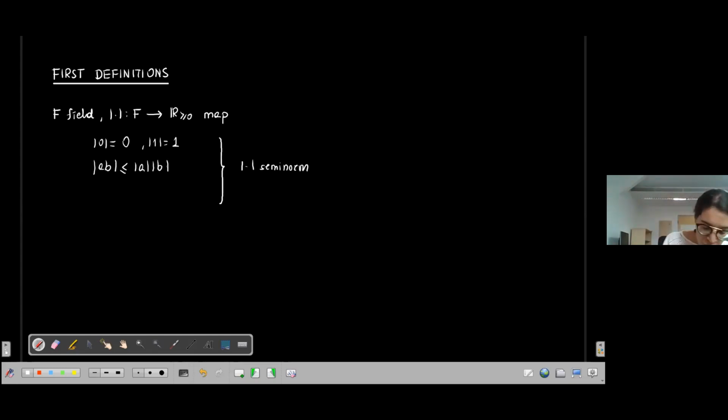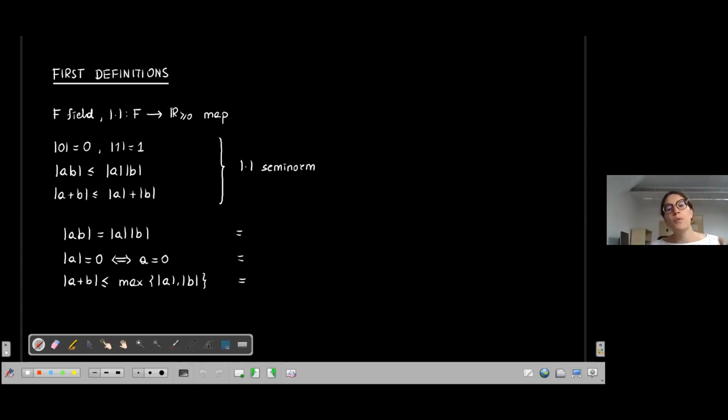The third condition is that when we consider a sum of 2 elements A plus B, we want this to be smaller or equal than the semi-norm of A plus the semi-norm of B. This is what I mean here by semi-norm. But we will be particularly interested in semi-norms that satisfy some additional properties.